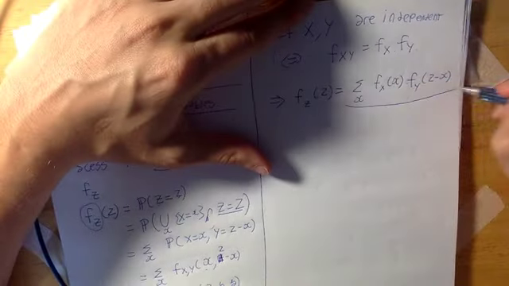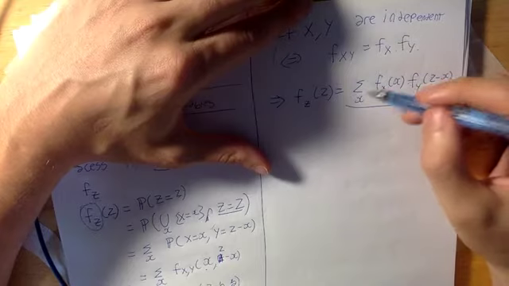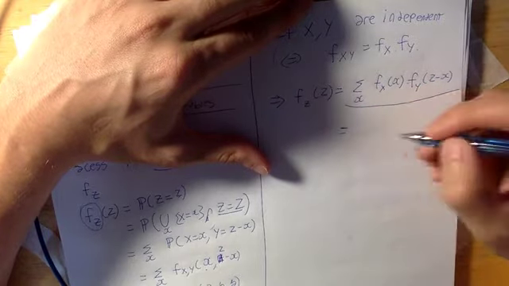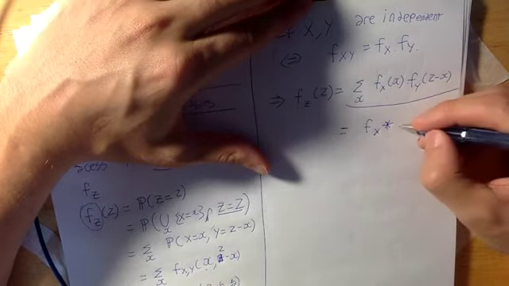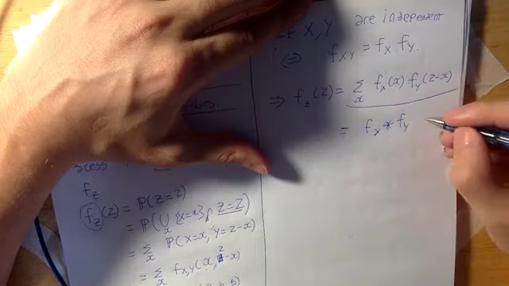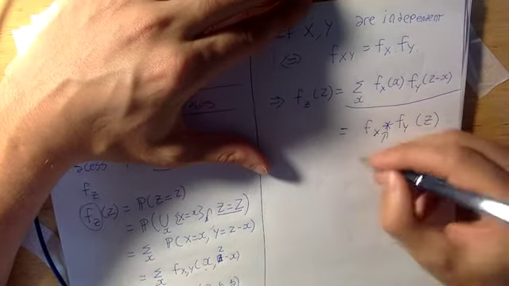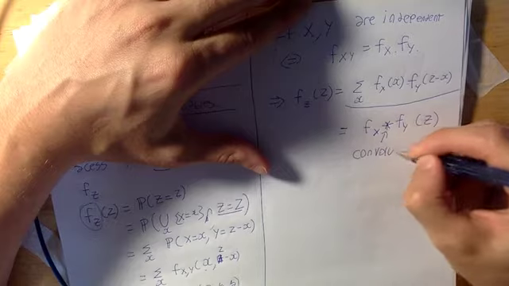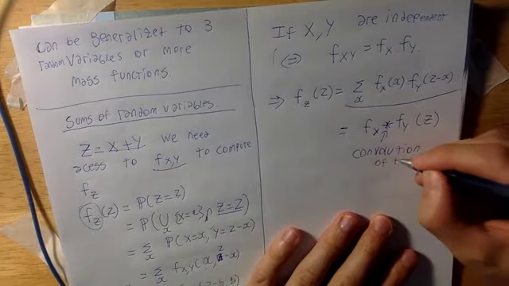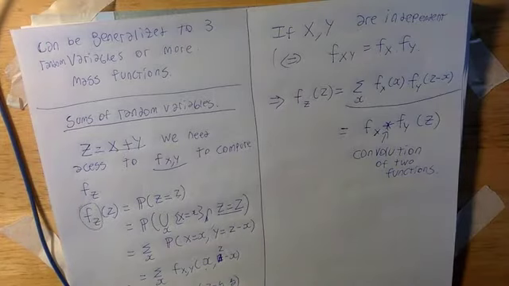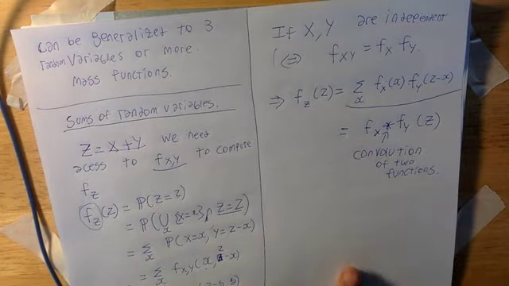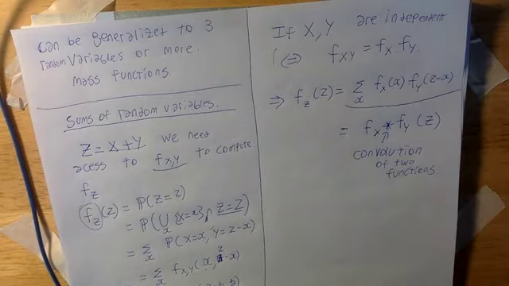If you're used to seeing this with the integral, this is just the convolution of f of X and f of Y applied at c. This is what is called the convolution of two functions. This was just to connect with the convolution, which is something you'll see later on if you're doing math.